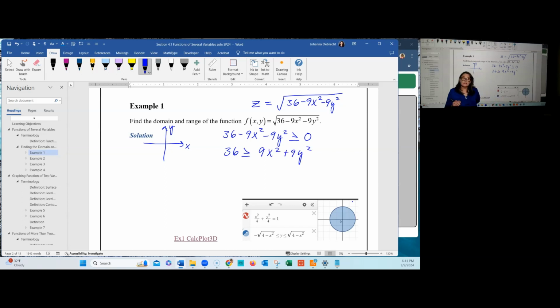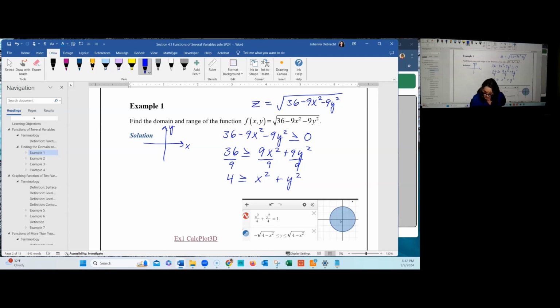And I can notice that there is a common factor of 9 on both sides of this inequality, and I can divide everything by 9. When I'm dividing by a positive value, I don't reverse the inequality symbol. If I multiply or divide by a negative, I do reverse the direction of it. And this gives me 4 is greater than or equal to x squared plus y squared.